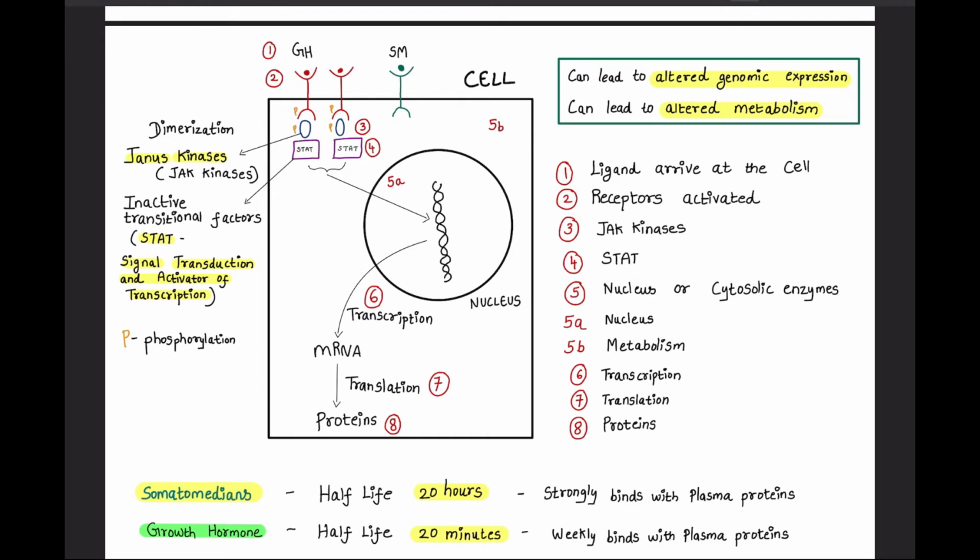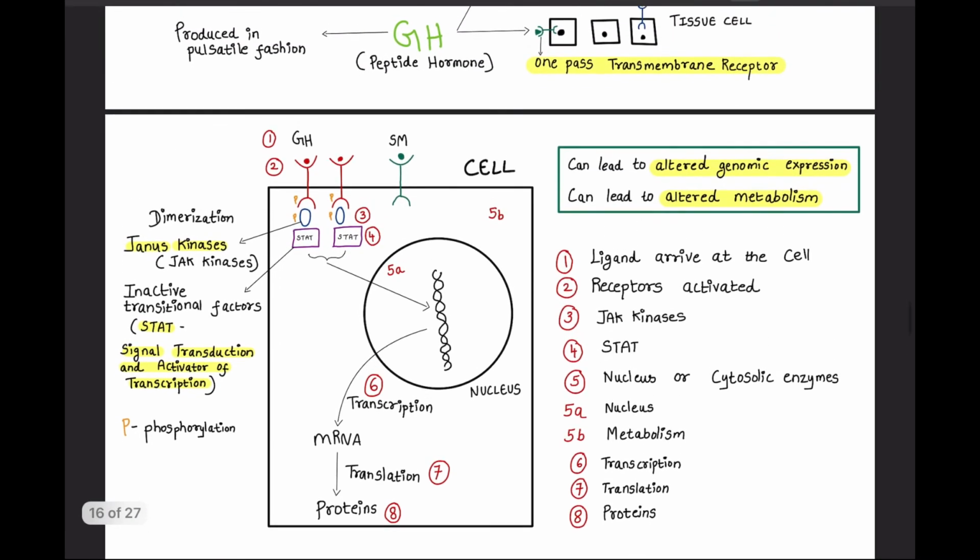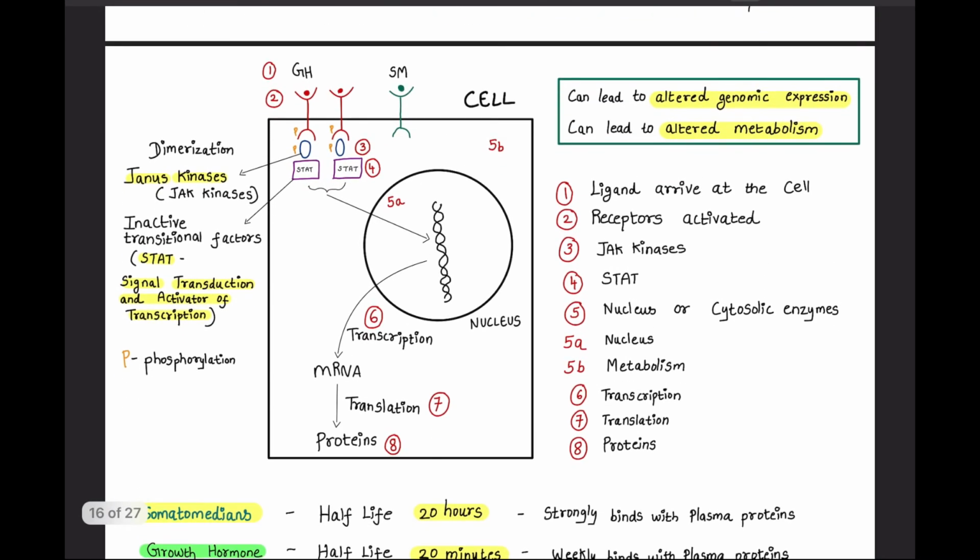So now I will summarize the steps in this process inside a tissue cell. When a growth hormone and somatomedins arrive at the cell, they will attach to the one pass transmembrane receptor, and in such a way the receptors are activated and there will be a dimerization, and there will be formation of Janus kinases.